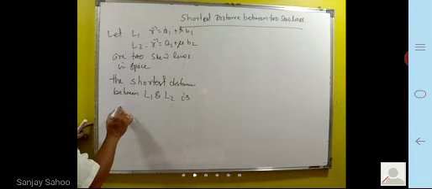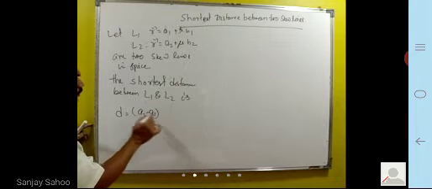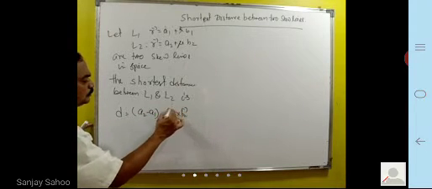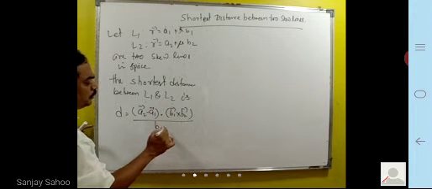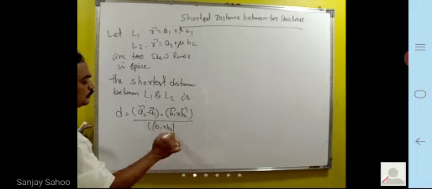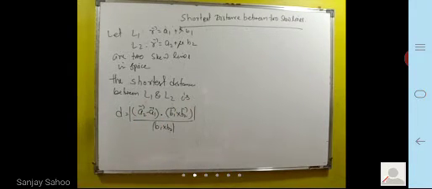that is, if you are writing D, that is A2 minus A1 dot B1 cross B2 upon modulus of B1 cross B2. This modulus you will take, and whole modulus, that will give you the shortest distance, right?